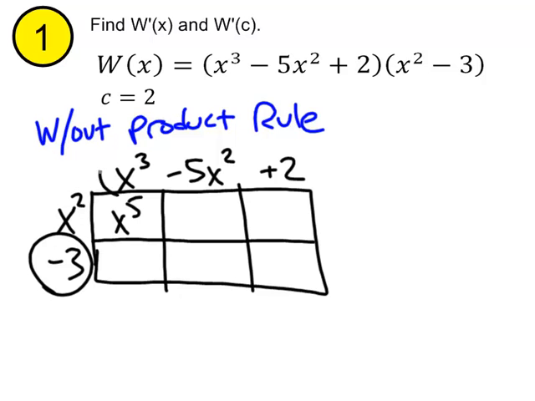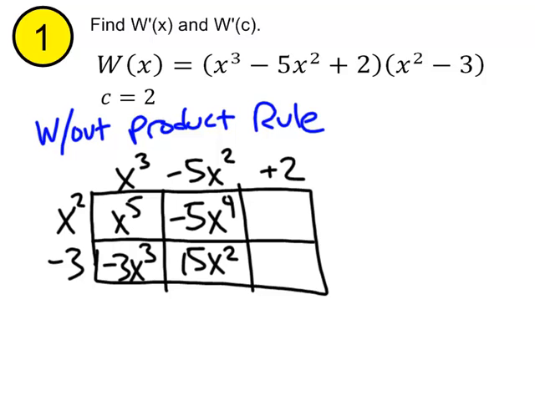And then negative 3 times x cubed will give me negative 3x cubed, and so on. So here I'll put negative 5x to the 4th, minus 15x squared, 2x squared, and then minus 6.